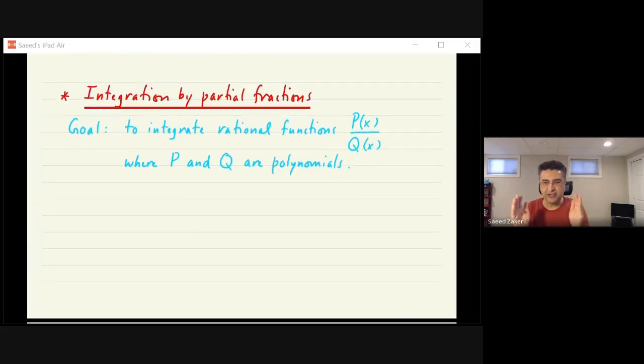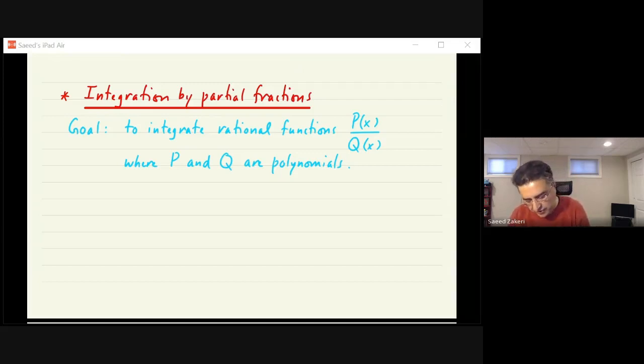Once we write our rational function as sum of simpler rational functions, each of which having a linear or quadratic bottom, then it's very easy to integrate them. So I would say this method is like maybe 70, 80% algebra at the level of high school algebra, and I don't know, 20, 30% calculus.